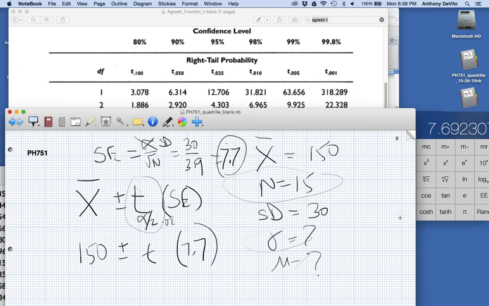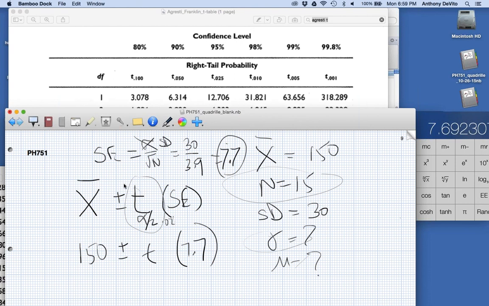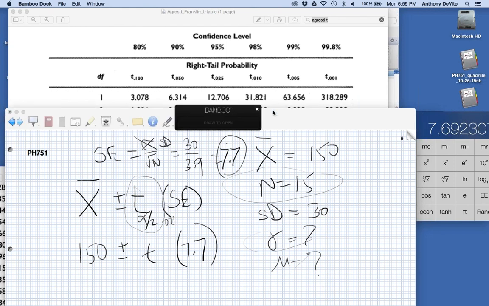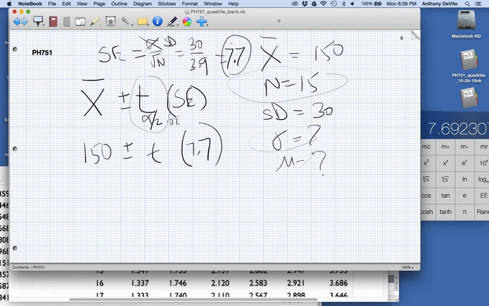So that t-score now is going to be, oops, my connector's shot over here from too many years of dropping this thing. Okay, there we go. So it's 150 plus or minus 2.145 times 7.7.